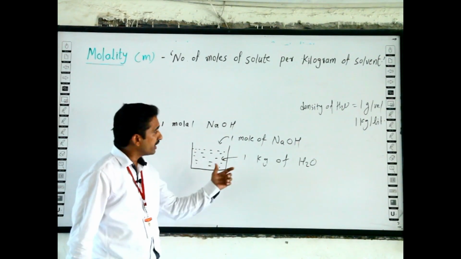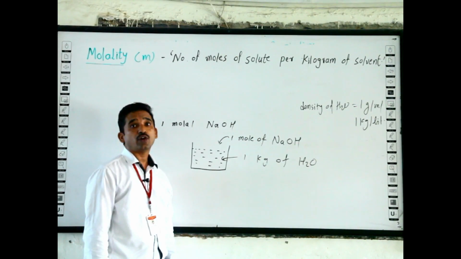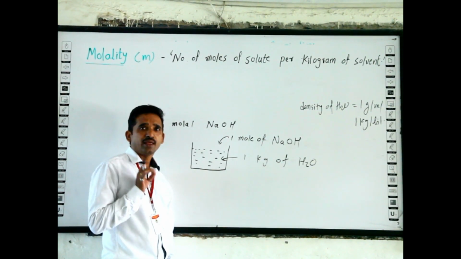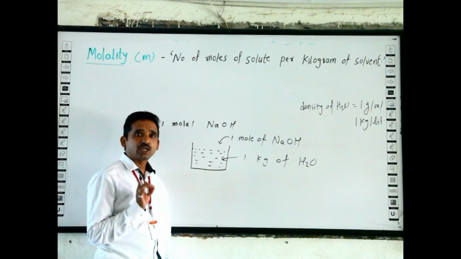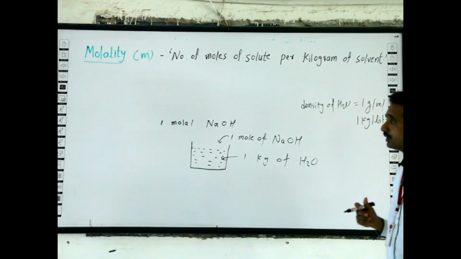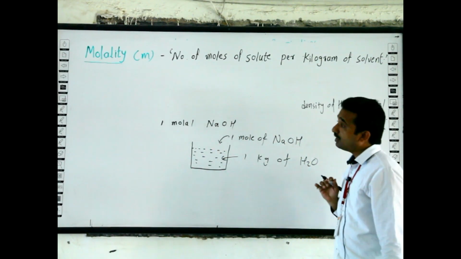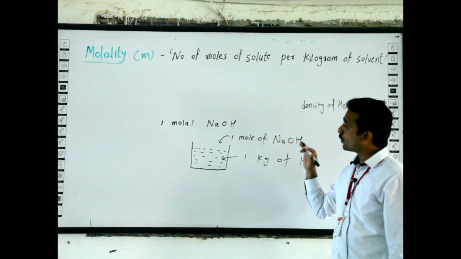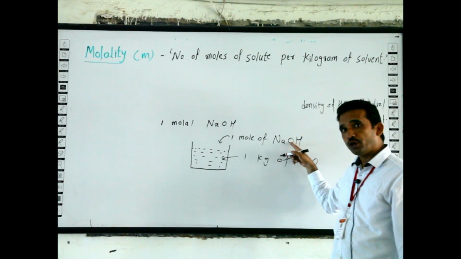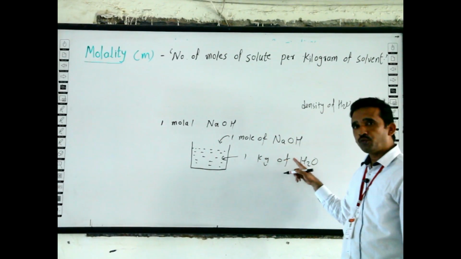When we add the solute in water, then there is a formation of aqueous solution, and in this chapter we are mainly discussing aqueous solution. So 1 molal NaOH is formed by taking 1 mole of NaOH in 1 kg of H2O.